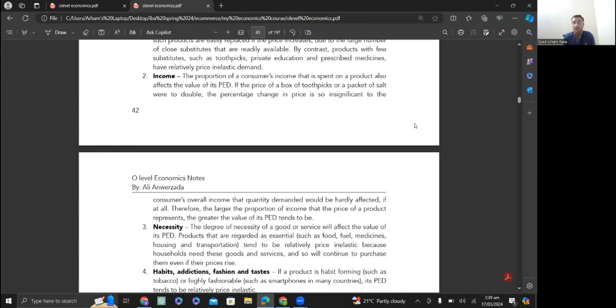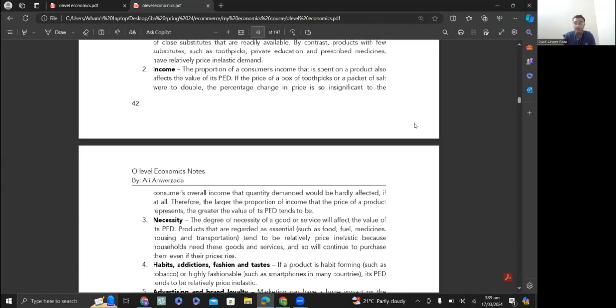You will just pick up these types of items, because the income proportion going towards that product is very minimal. So the elasticity of such products will be inelastic, because if you increase their prices, your quantity demanded will not change a lot. Again, coming back to the formula, your denominator will be greater and your numerator will be smaller. So this will lead to a PED of less than 1.